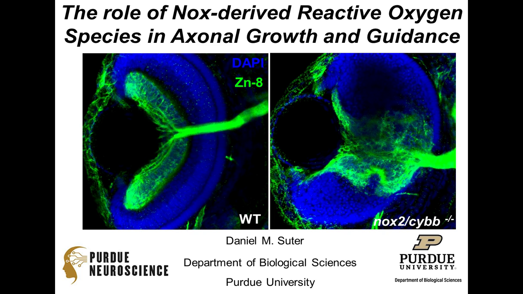The layering is not happening, and the retinal ganglion cells don't form axons together, and they don't exit the eye in the same fashion. So this provides evidence that ROS from this complex are really important in retinal ganglion cell development as well as making connections to the brain.